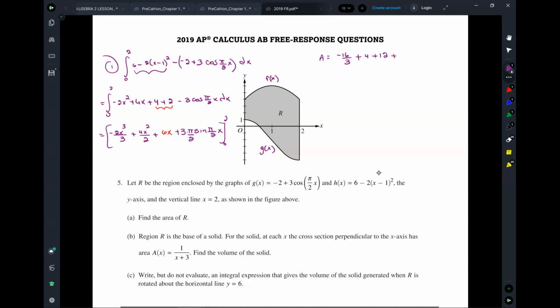Because yeah, cosine derivative is inverse, negative sine. Oh no, wait a minute, I'm sorry, yes, it should be negative. I took a derivative, I was supposed to do an integral. Negative 3 times 2 over pi, right? Sine pi over 2x, right?